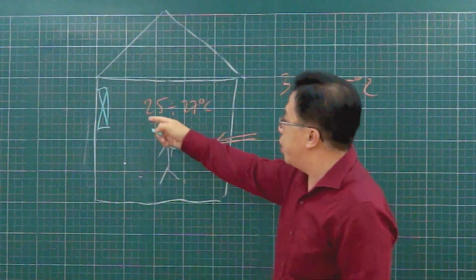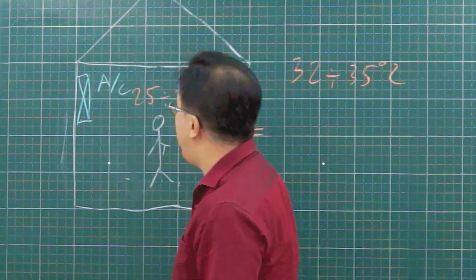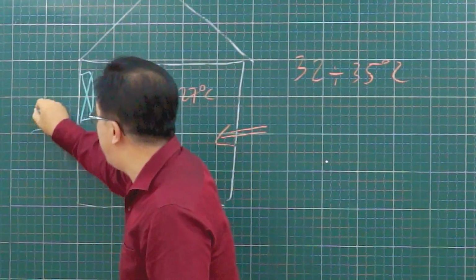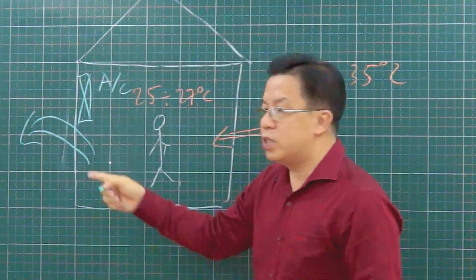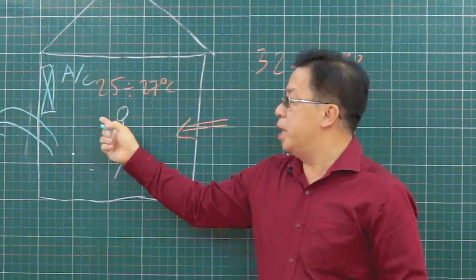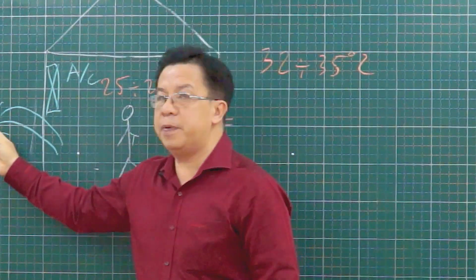So this air conditioner will help you move the heat from the room to the outside, or it means you move heat from the lower temperature place to the higher temperature place.